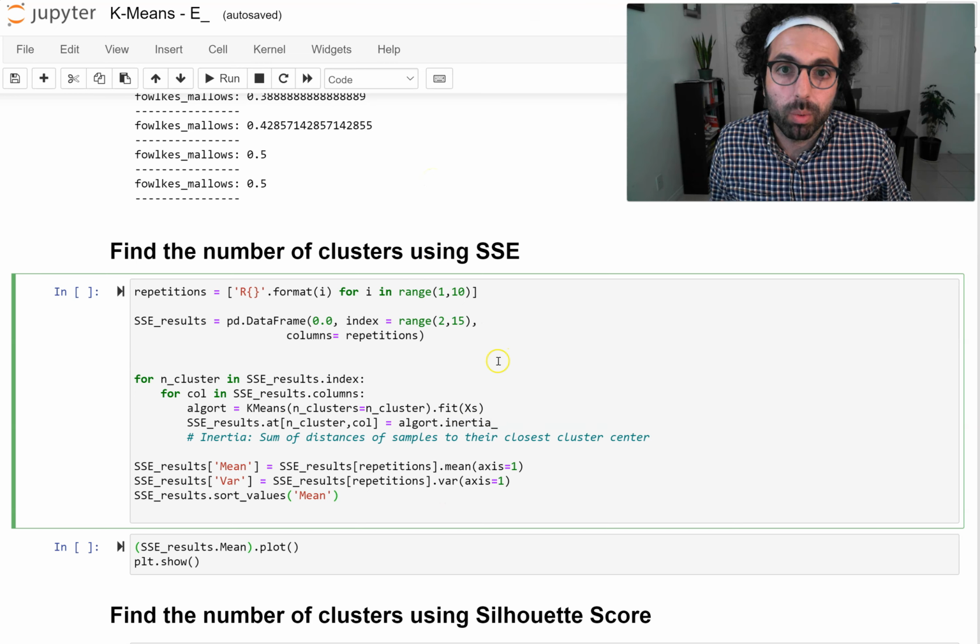But the way you can actually use SSE is by creating this plot that gives you the SSE, or the mean of SSE on different repetitions, if your clustering algorithm is random, like K-means. You will have to find the elbow in your figure.